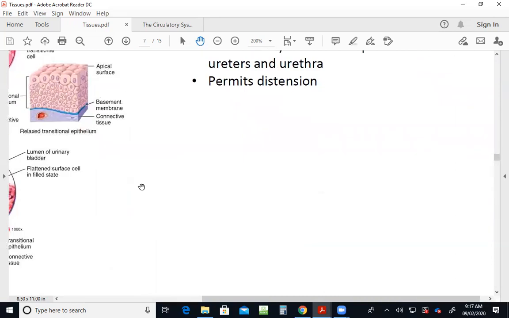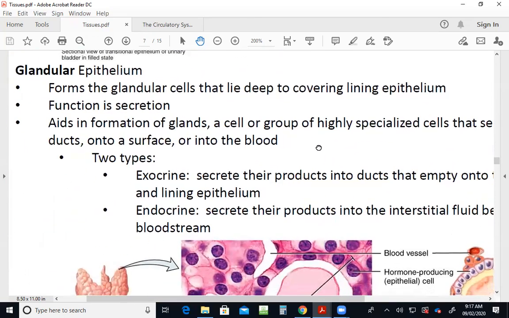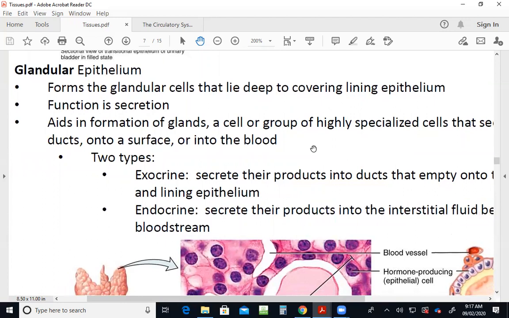And this permits what we call distension. What does distension mean? You might know. It means an organ can stretch, essentially. Two major organs do that, our bladder and our stomach, right? That's what allows our bladder and our stomach to fill up, with different things: urine for the bladder, food and beverages for the stomach.